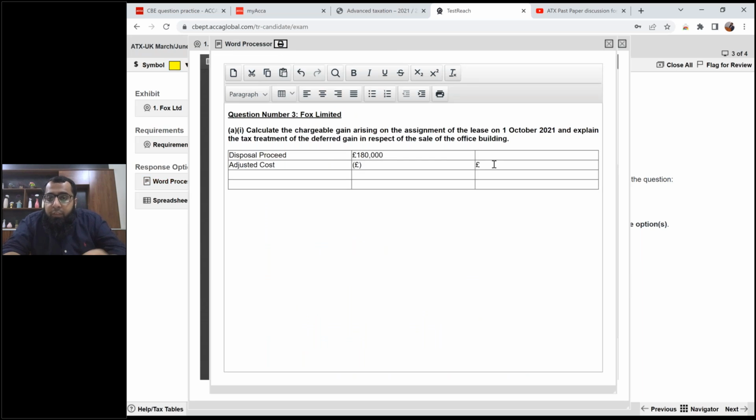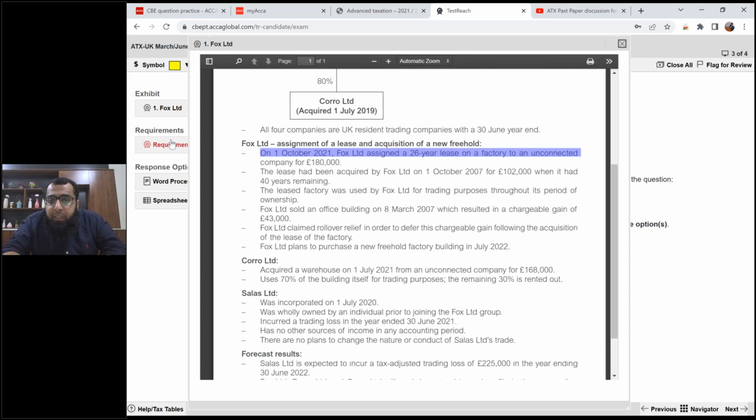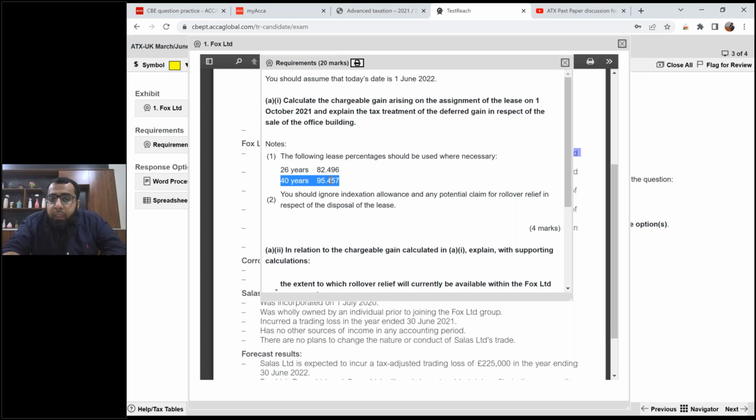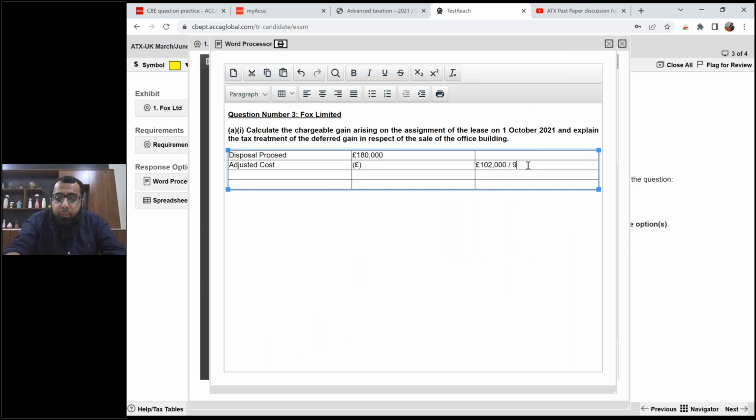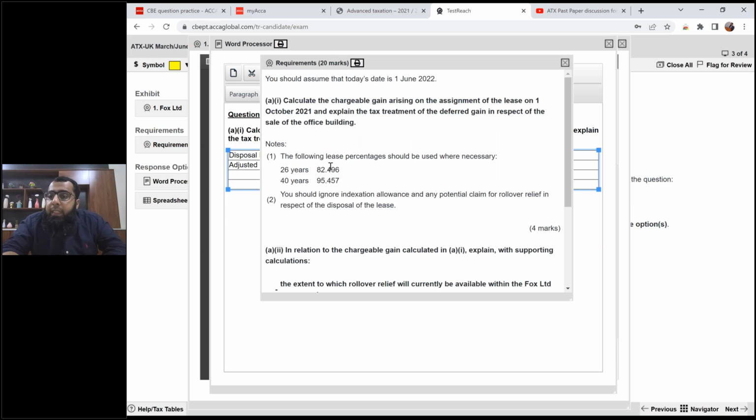So, 102,000 divided by the 40 years percentage, which is given here, 95.457, multiplied by the 26 years percentage, 82.496%, so that we get like with like.